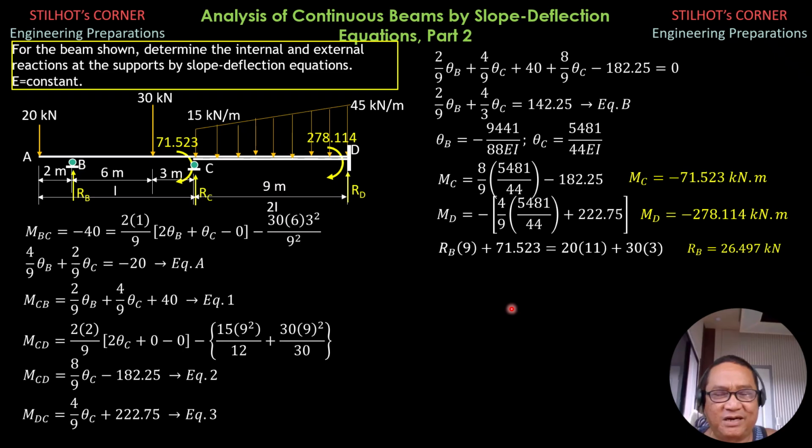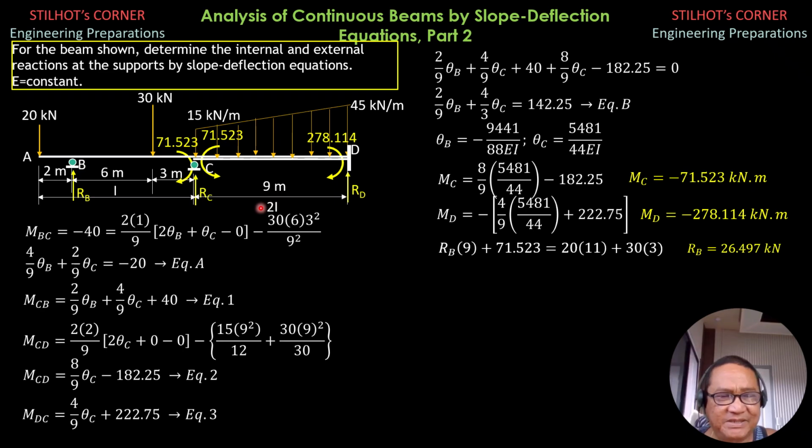Then for R sub D, let's consider CD. We sum up moments about C. That's the direction of the moment at C, so counterclockwise positive: RD times 9. Take note, this is also 9 meters.